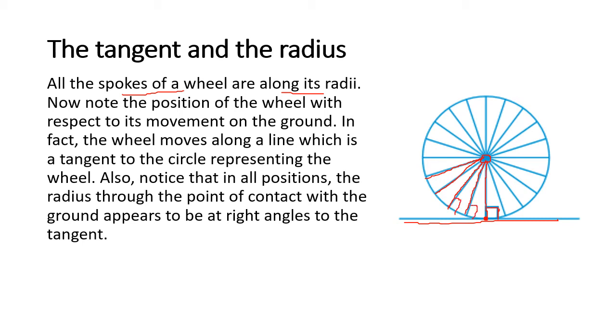So what we have understood here is, when we draw a line from the center of the circle to the point of contact, it is always perpendicular to the tangent. The radius to the point of contact with the ground is always at right angles to the tangent.